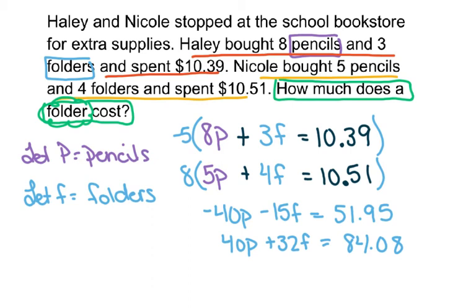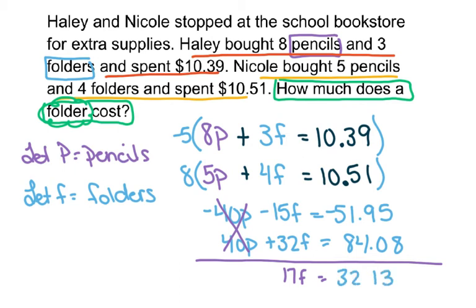So now we can see we can eliminate those pencils. So I'm going to be able to answer my question correctly. So negative 15 plus 32 gives us 17. Oh, I forgot my negative sign there with the 51. Negative 51 plus 8408 would give us 3213.